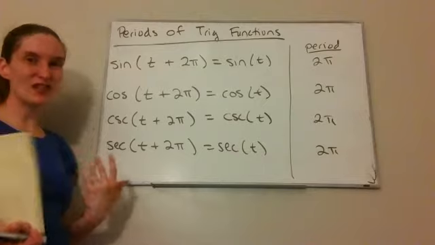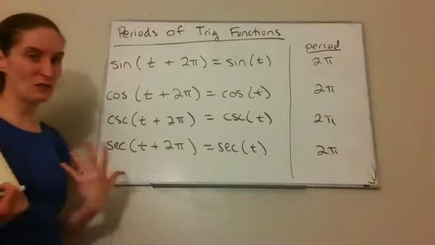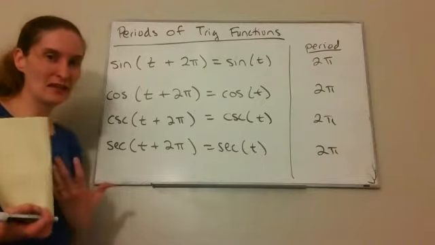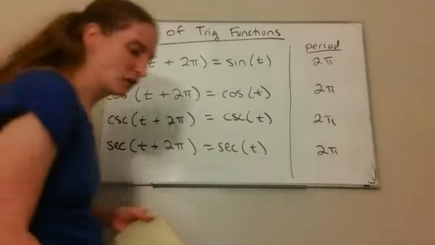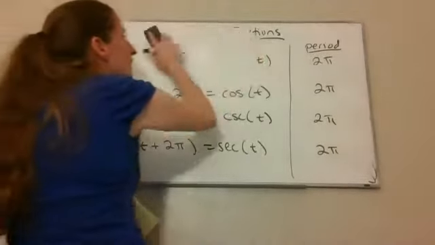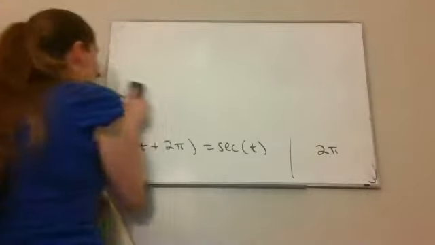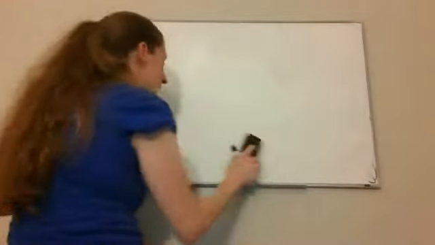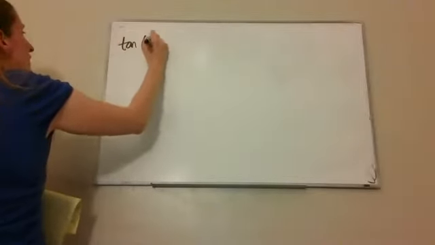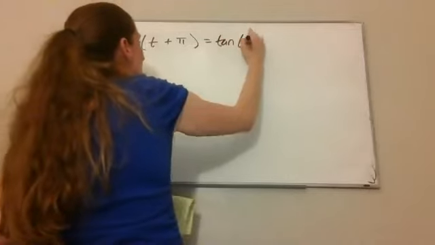But my tangent and my cotangent have a slightly different period. And that you can figure out by just looking at the values for all different angles. But I'll just give you the property and summarize what the period is for you. Tangent of t plus pi is equal to tangent of t.